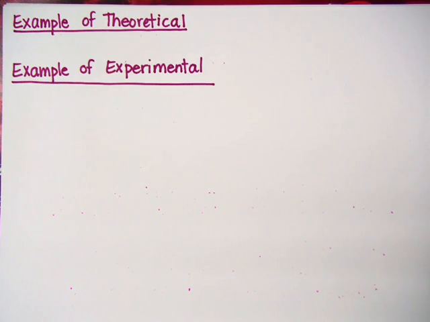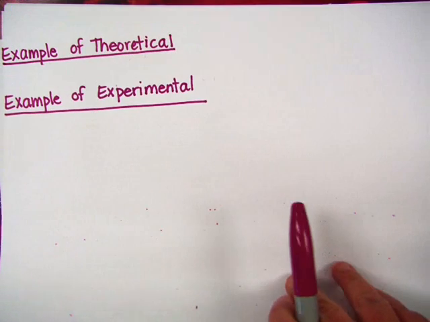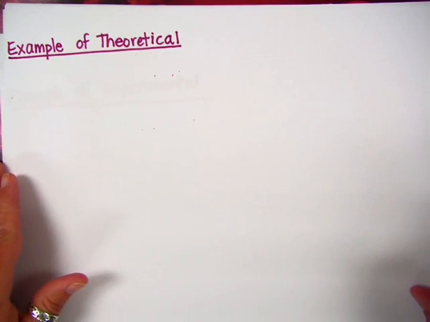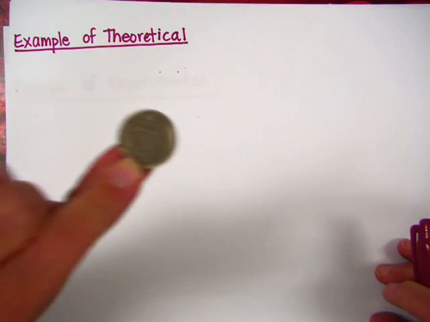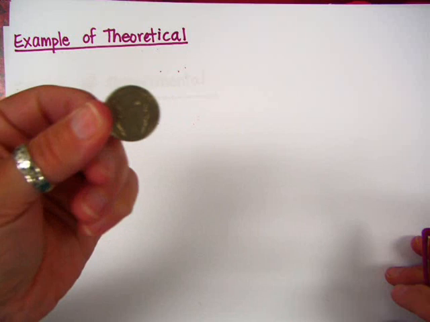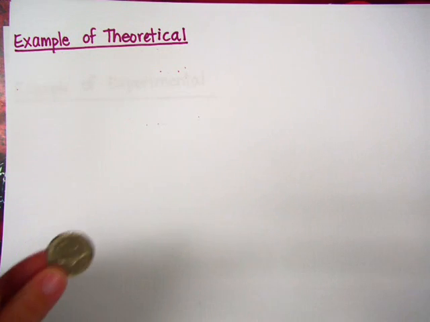Okay, so going on with our discussion, let's talk about examples of theoretical probability and experimental probability. First, we want to look at theoretical probability. Say I have this coin, and it has a heads and a tails, of course, on this nickel. If I'm talking theoretical probability, I might say that if I flip this coin 6 times, it lands on heads 4 of those times.